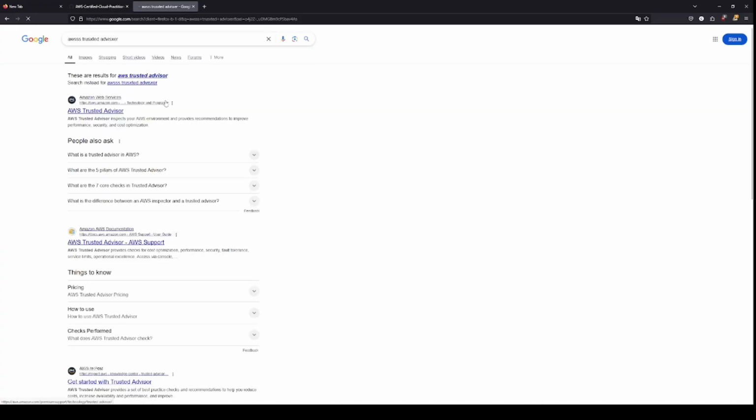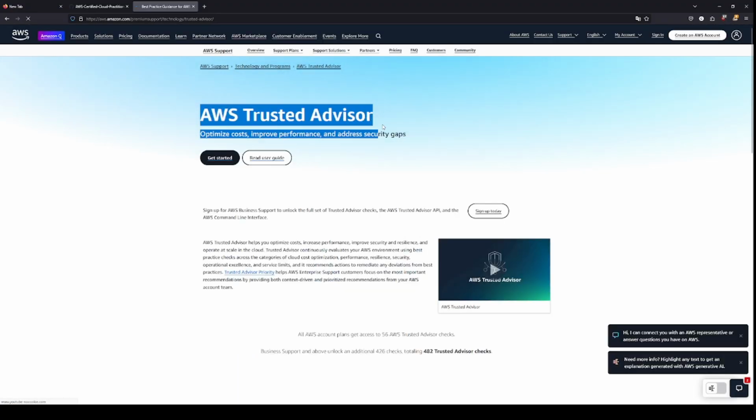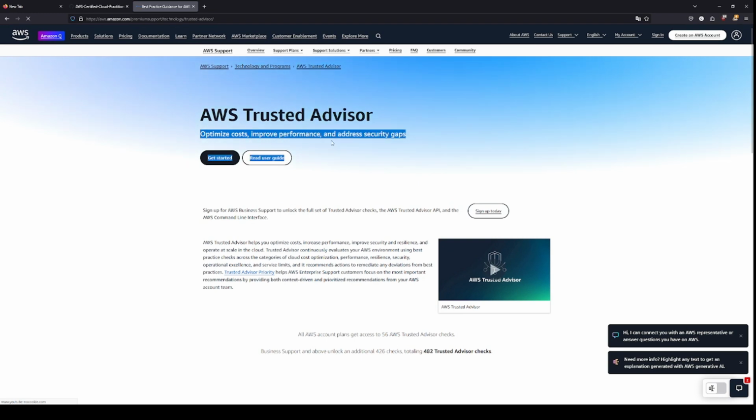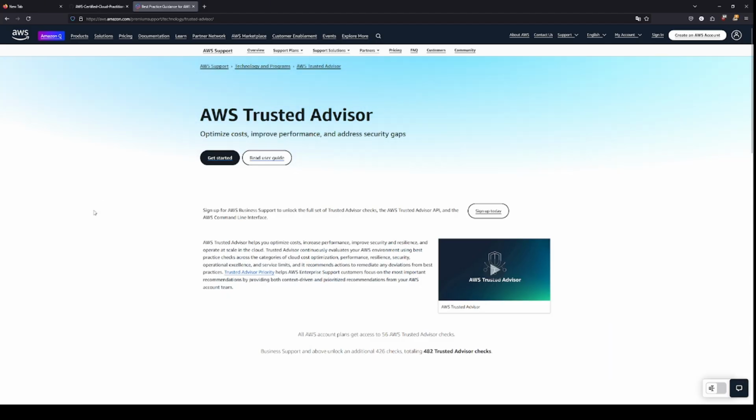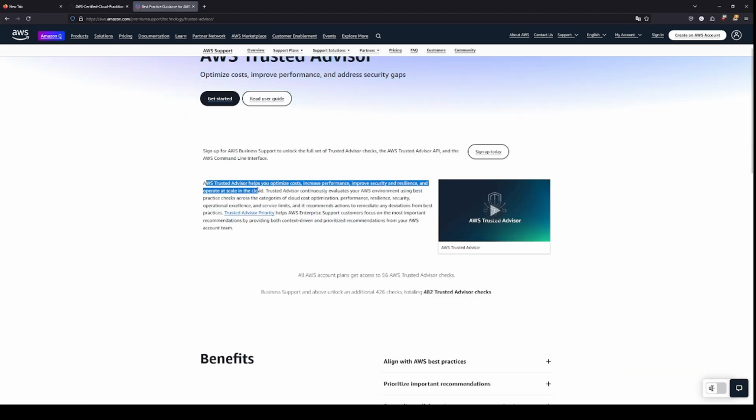And AWS has great resources on this. So what does AWS Trusted Advisor do? It optimizes costs, improves performance, and addresses security gaps. So it's kind of an automated system. So AWS Trusted Advisor helps you optimize costs, increase performance, improve security and resilience, and operate at scale in the cloud.